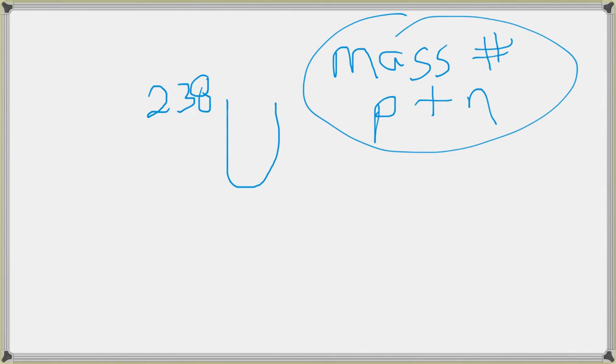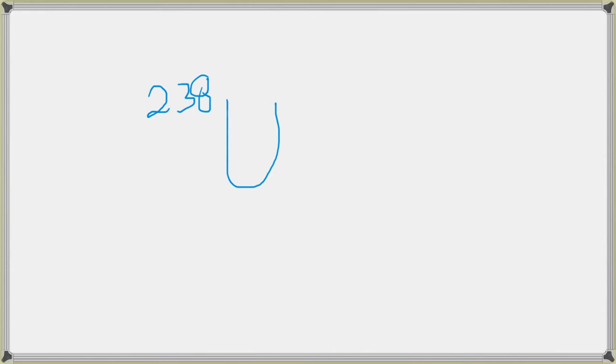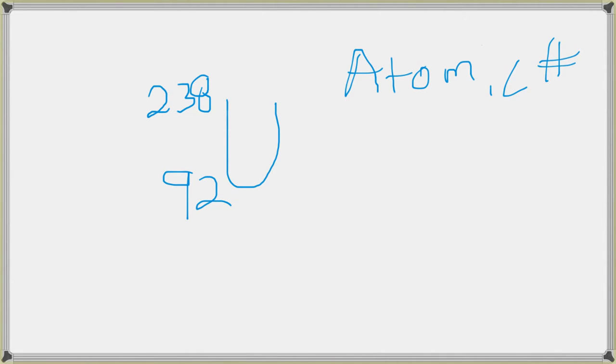Now, if you see a number on the bottom left, that is typically the atomic number for isotopes. And the atomic number is the number of protons.